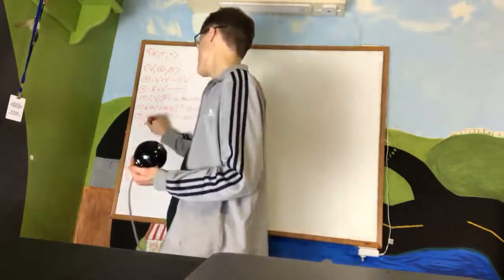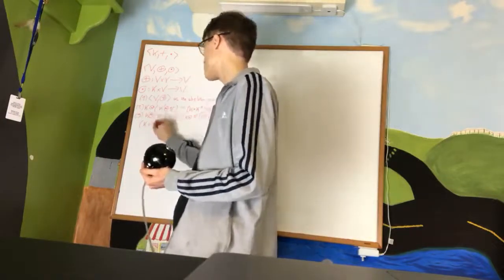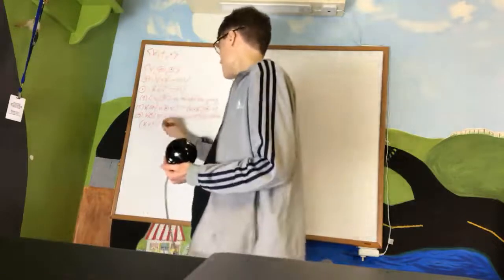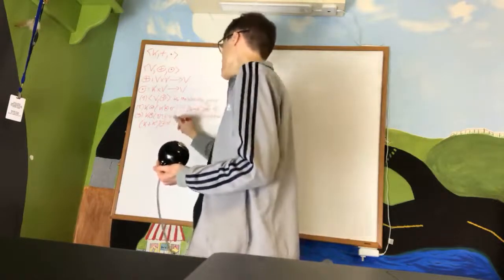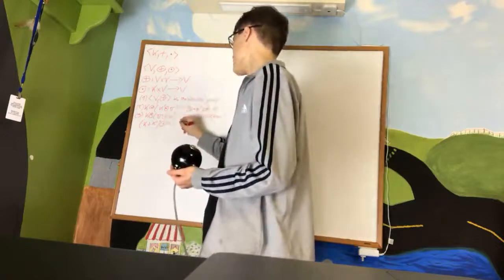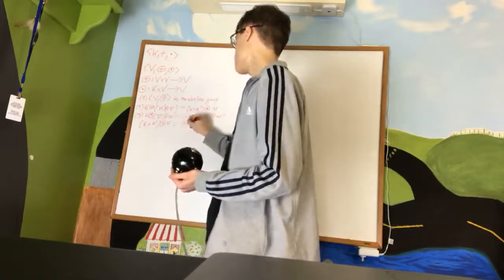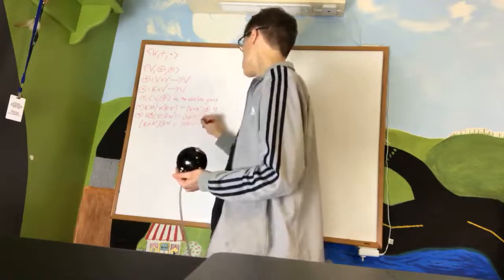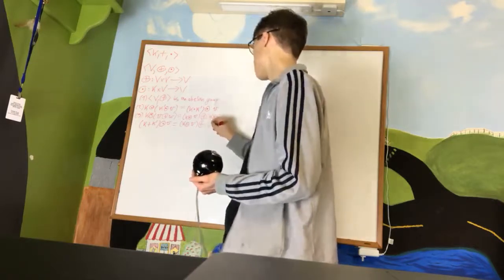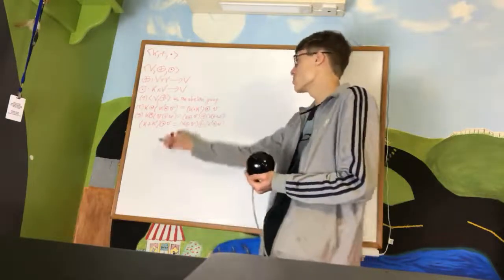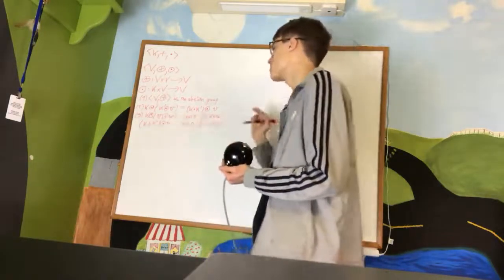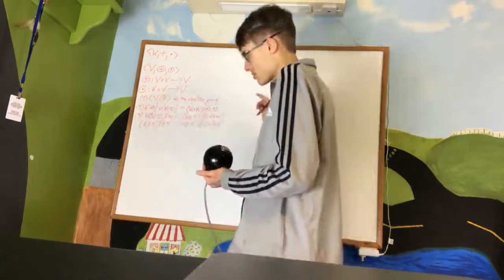If I have K plus K prime, and this is within the field, and I scalar multiply that with V, then I can get K scalar multiply V circle plus K prime scalar multiply V. So no matter which one you're adding with, scalar multiply distributes.